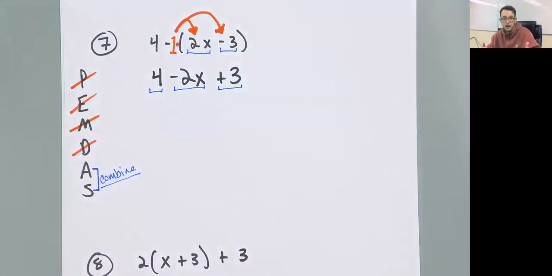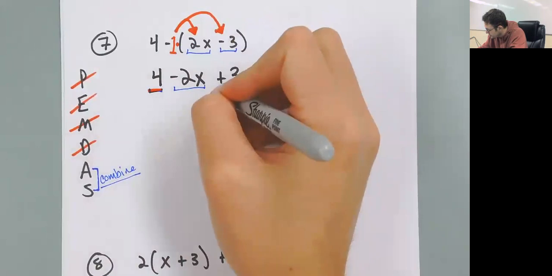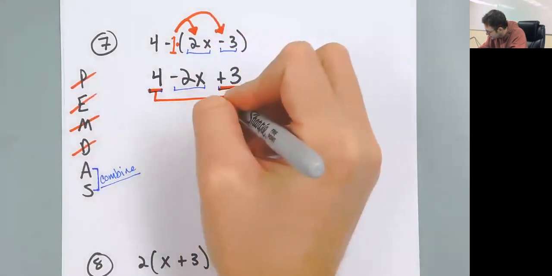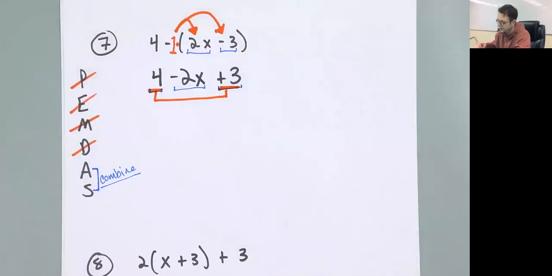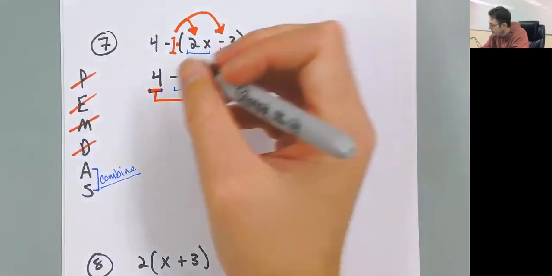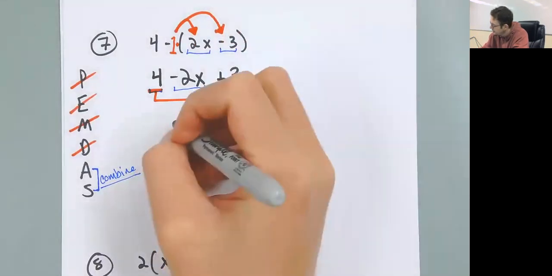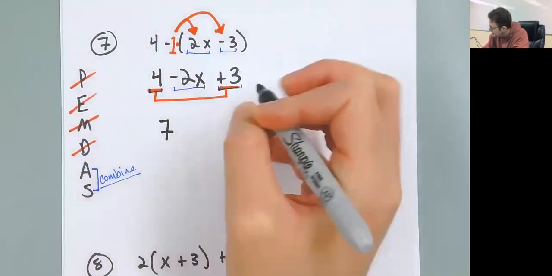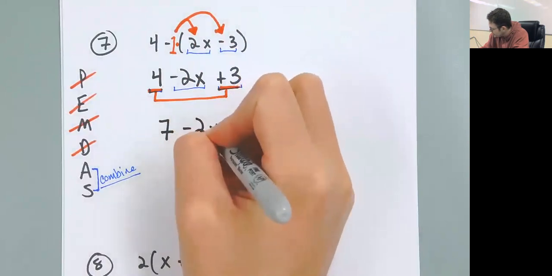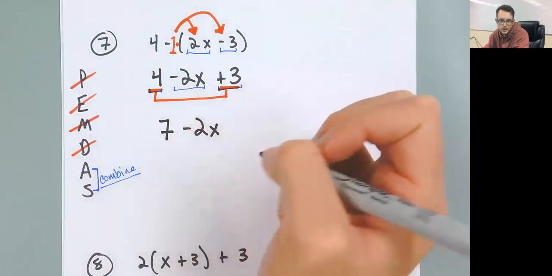So I see two terms that are like terms, and that is going to be this term and this term. So I'm going to combine those. So that will give me +4 plus 3 is +7. Then you just drop the -2x that we didn't use.